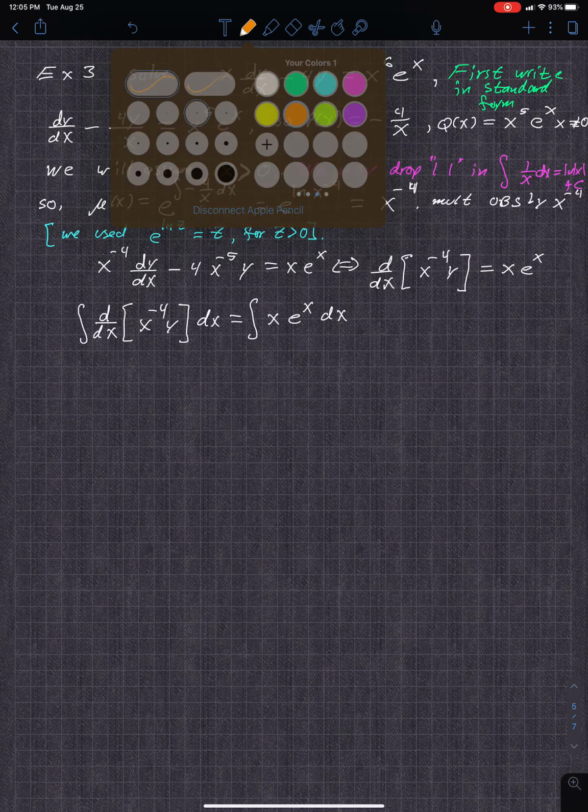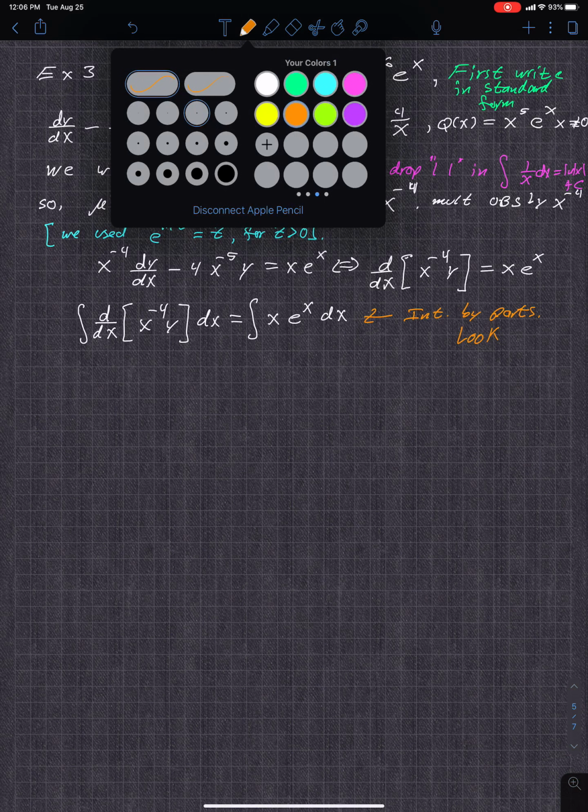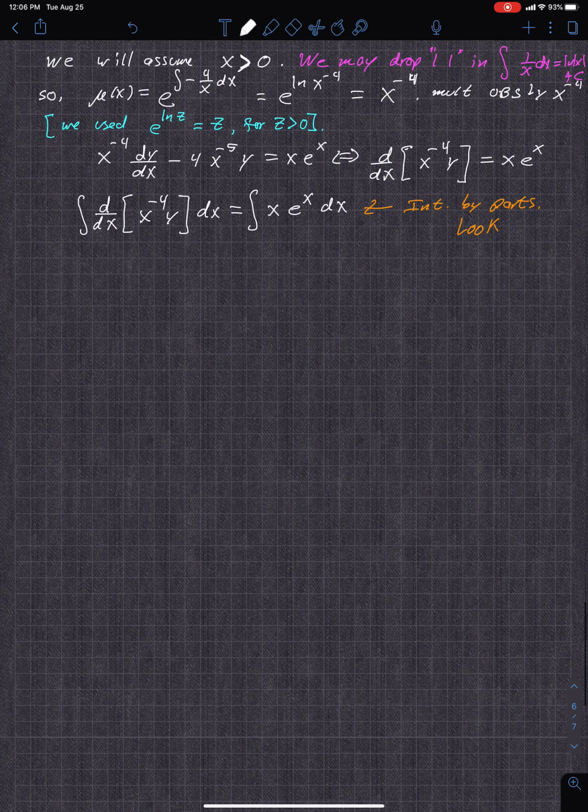When you do that right-hand side integral, that's integration by parts. Hopefully you recognize that. Look that up if you don't remember. That was an easy one, but look it up. So then the left-hand side is just x to the negative 4 y, and you end up getting x e to the x minus e to the x plus c. And then you solve.